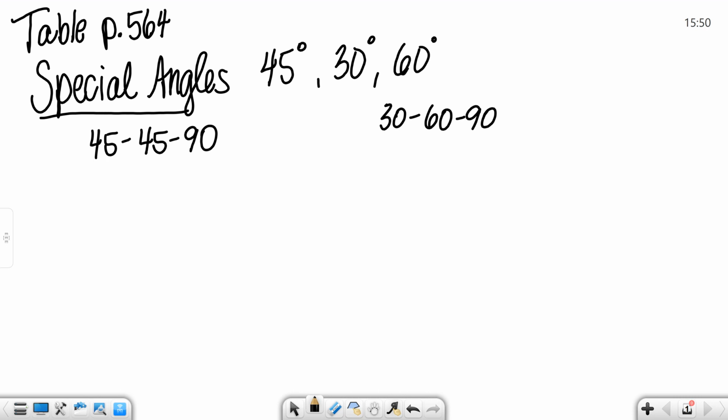Another thing I want to point out, we've already talked about radians. So 45 degrees is pi over 4, 30 degrees is pi over 6, and 60 degrees is pi over 3. We can't lose sight of that information. So let's draw these two triangles.